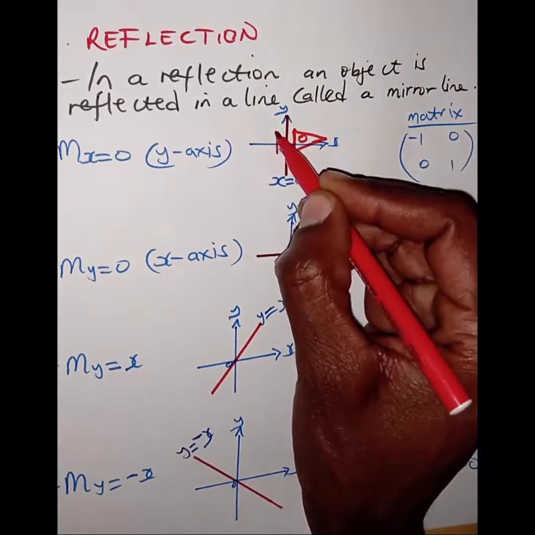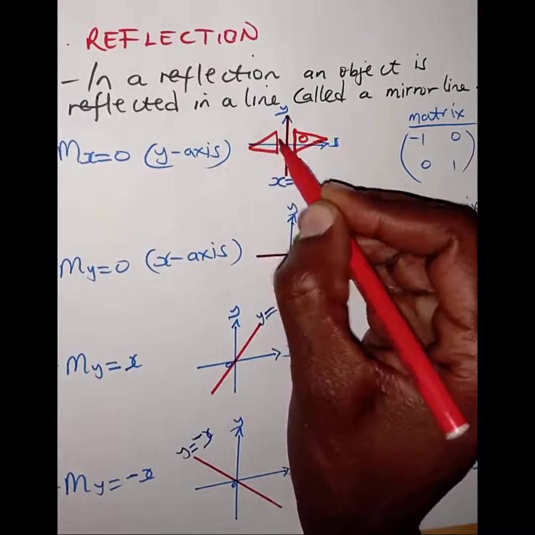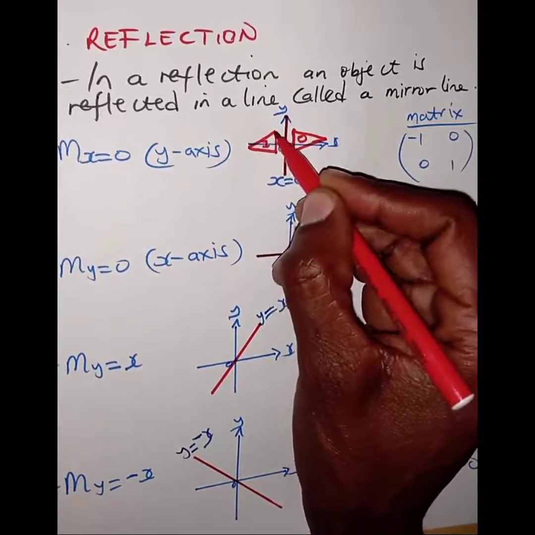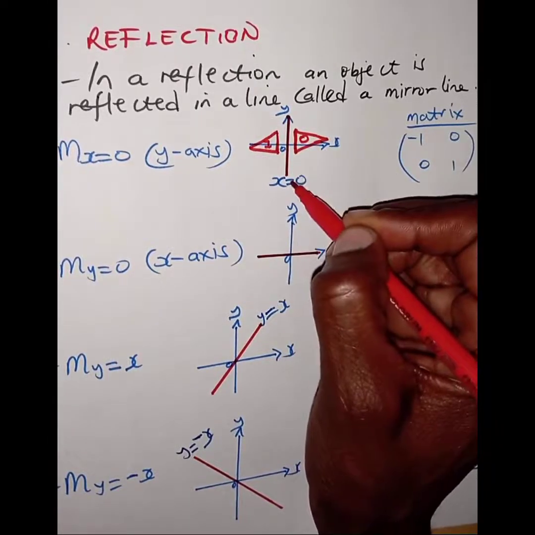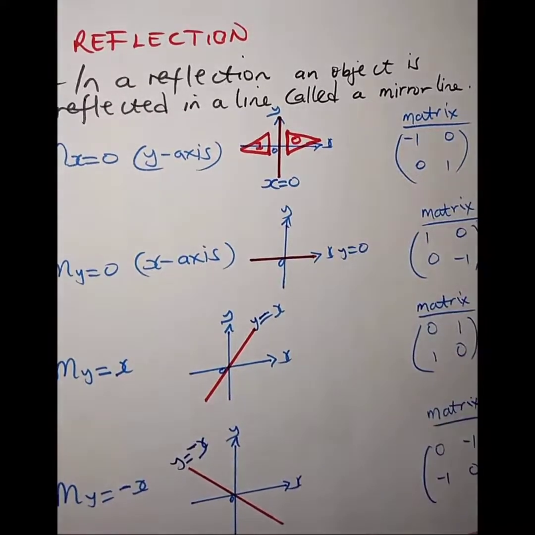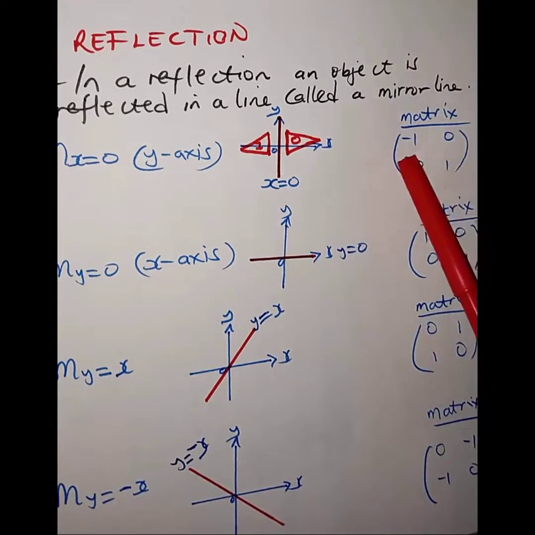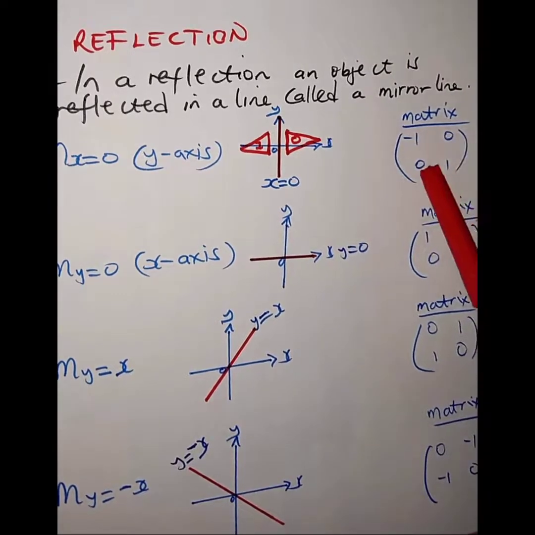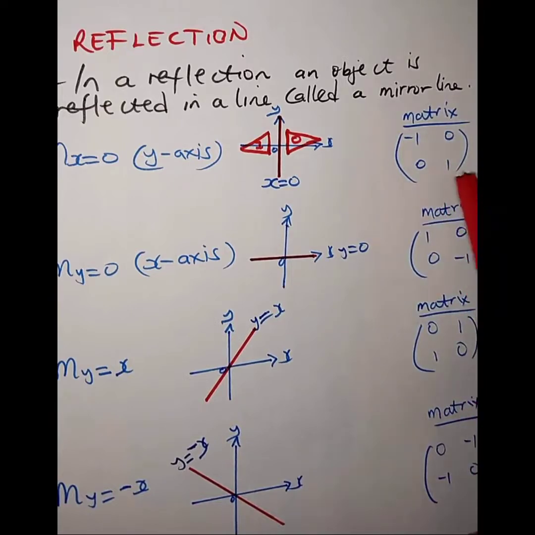It will be formed the other way, facing this side. This could be the image. So the mirror line will be in between. You have to know that the matrix which is used is (-1, 0; 0, 1). You'll be able to know how we use these matrices for each mirror line.